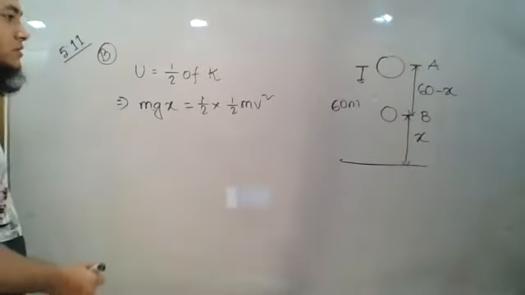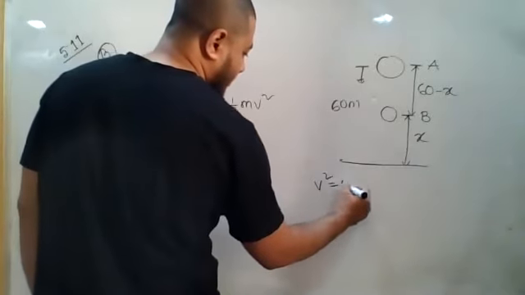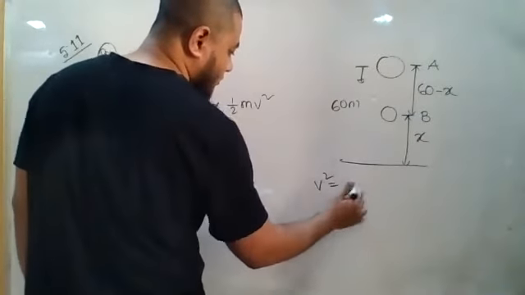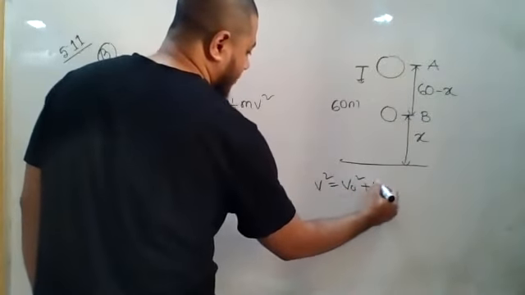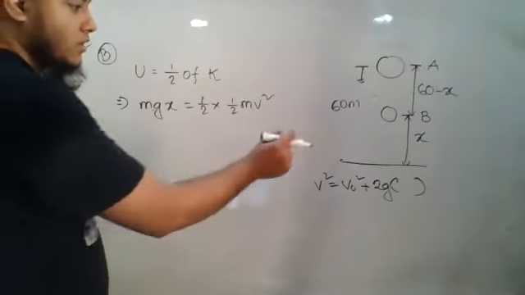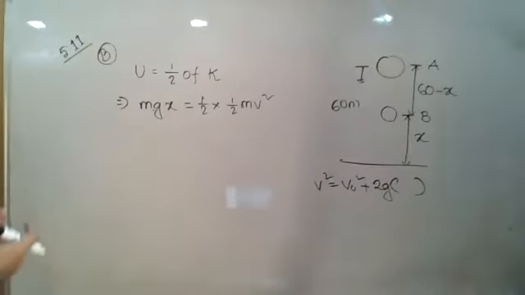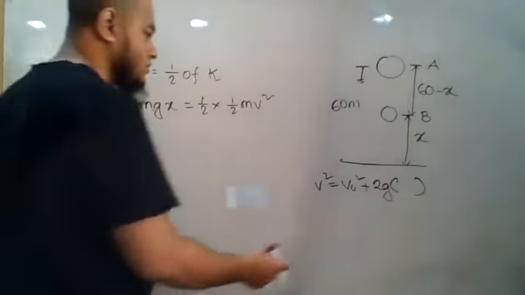Now we do not know the velocity, so we need to calculate this velocity in some other way. If you remember, v square equals v naught square plus 2g into the covered distance. What distance I will write here is the covered distance, not the height from the ground. I tell you this repeatedly whenever I'm teaching this topic.